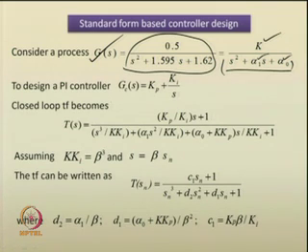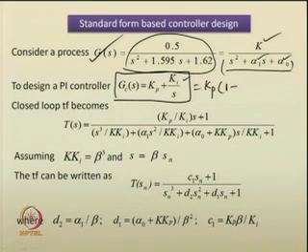Let the PI controller be expressed in the transfer function form Kp plus Ki upon s, which can again be expressed in the standard form as Kp times 1 plus Ki by Kp s. So, for analysis we have expressed the transfer function of the controller in the form of Kp plus Ki by s.